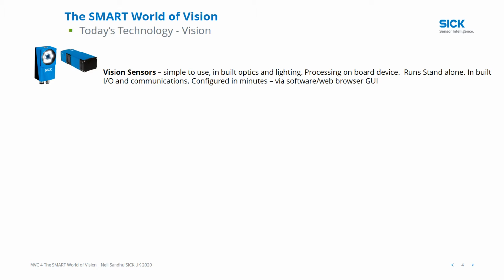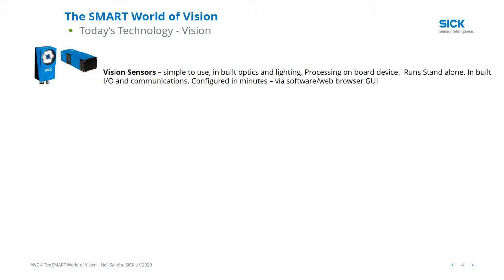So here you see that we talk about a simple vision sensor that's got inbuilt optics, lighting, all the processing is done on board, so all it does need to run is power. It's got configuration available usually in minutes with some software or over a web browser, and so you can pretty much get up and running with a simple vision task in a matter of minutes, and there's not a lot to the hardware in terms of what you need to get up and running.